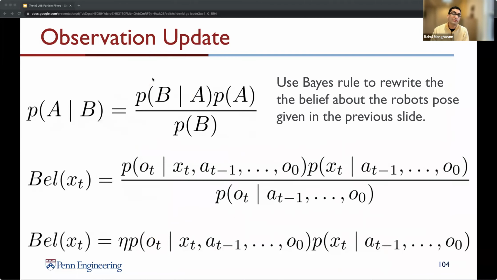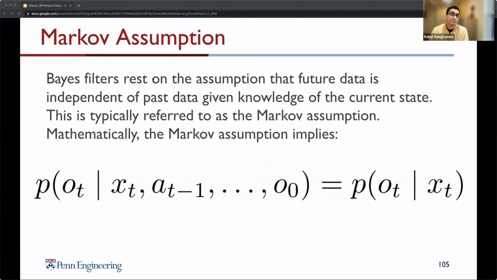One simplification step involves Bayes' rule because we are interested in a probabilistic way of representing these actions. So if you carry out an action, I want to describe the distribution of where I might end up, given I was in x_{t-1} before I executed that action. The Bayes filter rests on the assumption that the future data is independent of the past data given the knowledge of the current state.